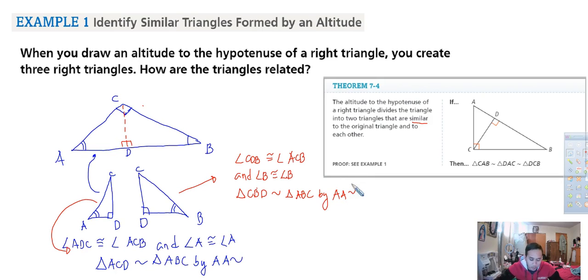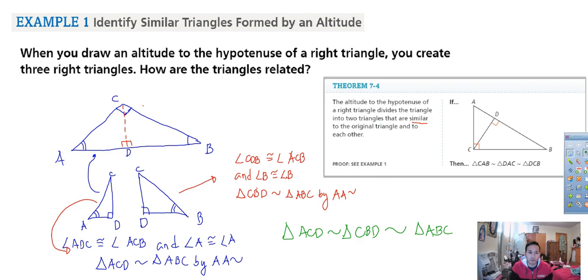So we can now say, in our conclusion, that triangle ACD is similar to triangle CBD, and it's also similar to triangle ABC. So basically the three triangles are similar after drawing the altitude of the right triangle.